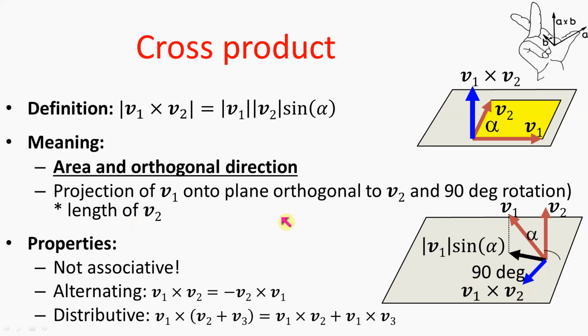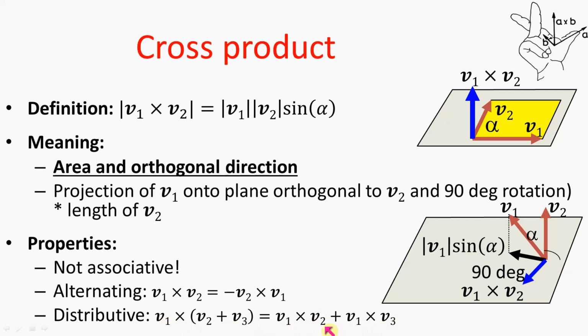Let's see the properties. The cross product is not associative. It's not even commutative. In fact, it's alternating, which means that if we exchange the two operands, a negative sign should be introduced. But cross product is also distributive. So when we multiply a sum, the terms can be multiplied individually and the partial result summed.